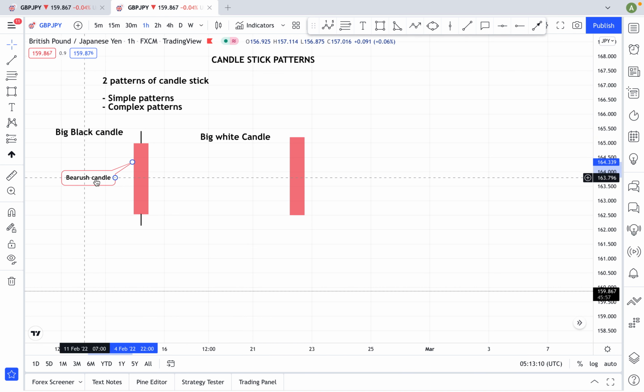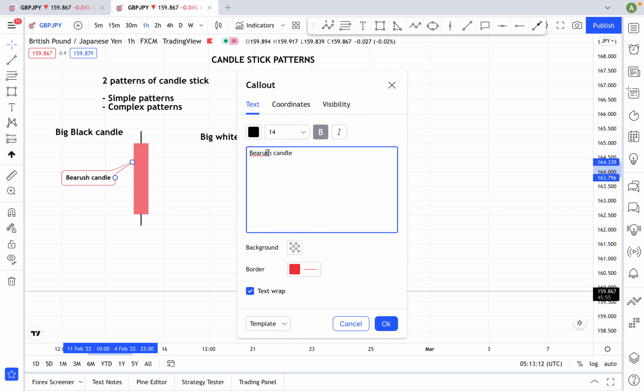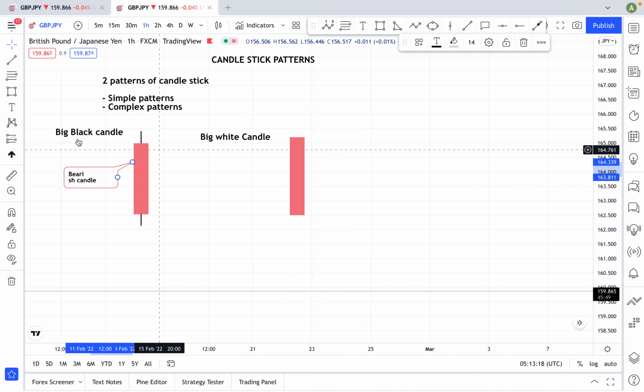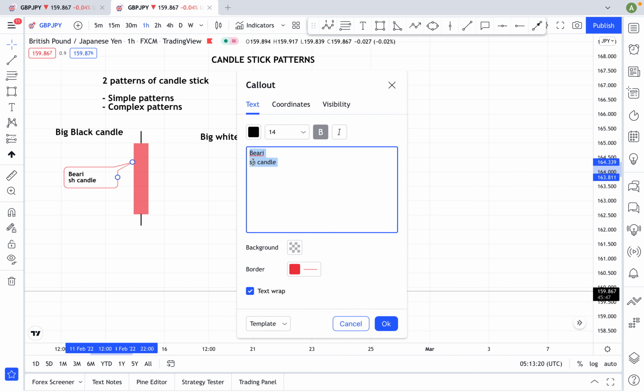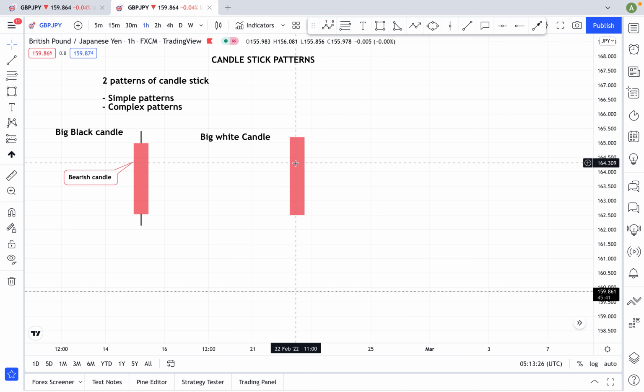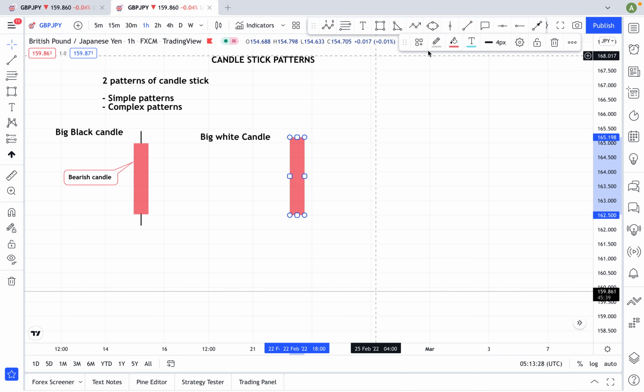Oh, sorry, I made a mistake here. Okay. So this is a green candle, a buying candle, right?